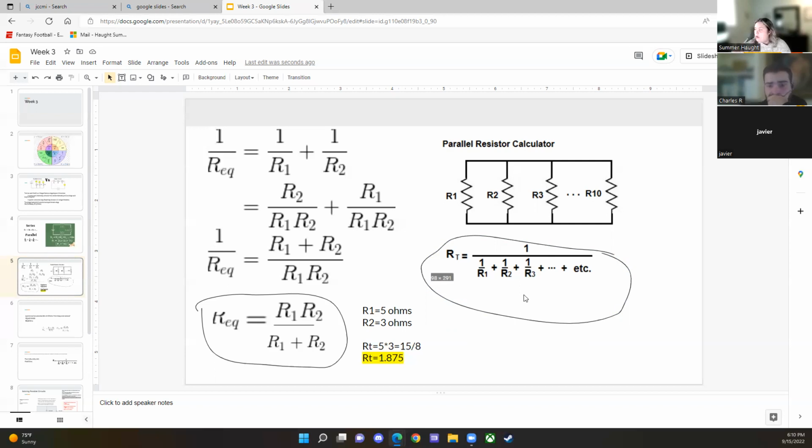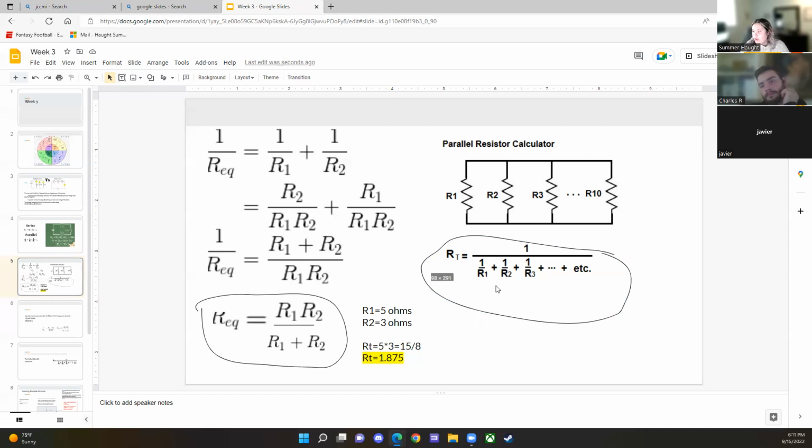How I always recommend solving problems like this is, a lot of times if you just type it into your calculator, 1 divided by whatever your R1, R2, R3 is, the calculator will mess that up. So I would recommend first finding the fractions for 1 over R1, 1 over R2, 1 over R3, finding whatever those fraction values are as decimals, adding that together, and doing 1 divided by that number.